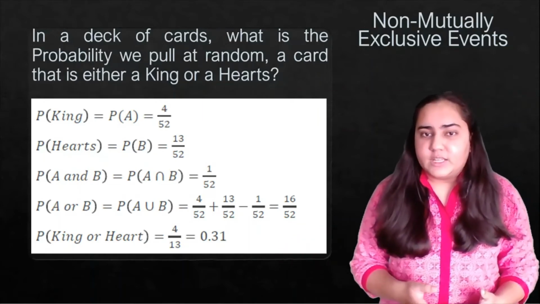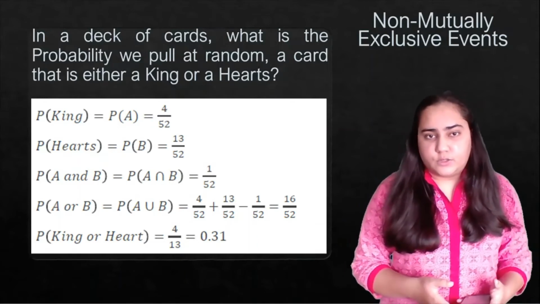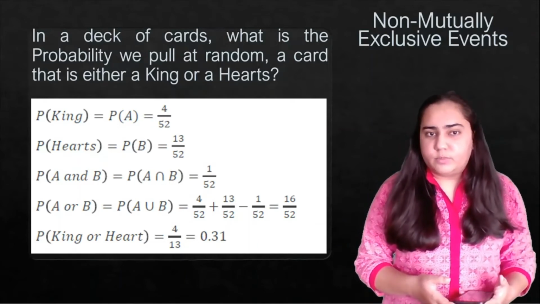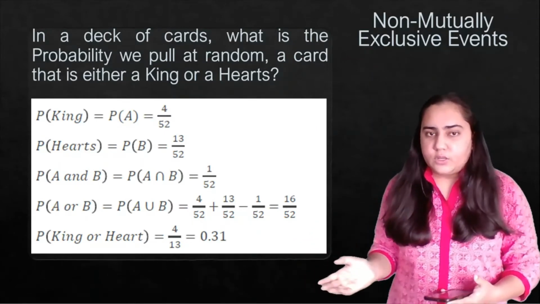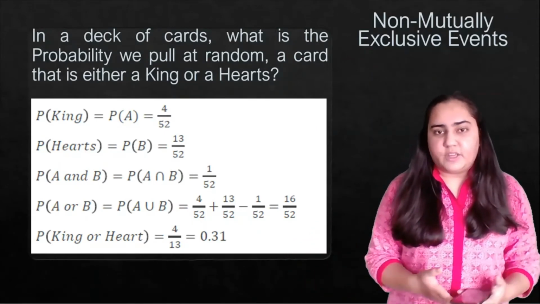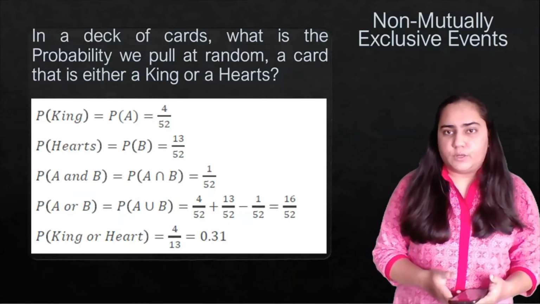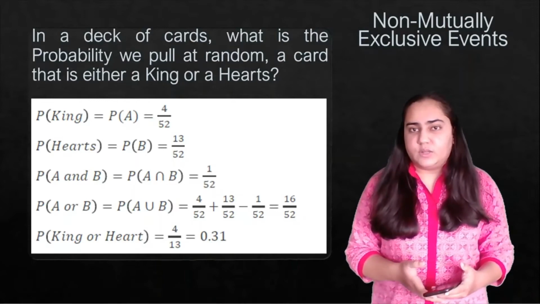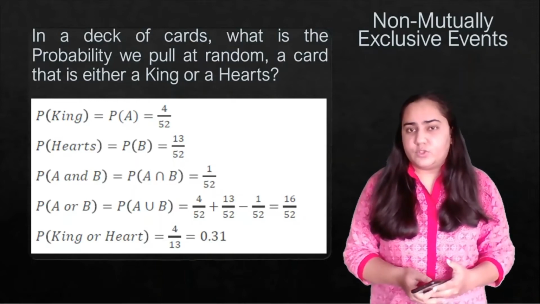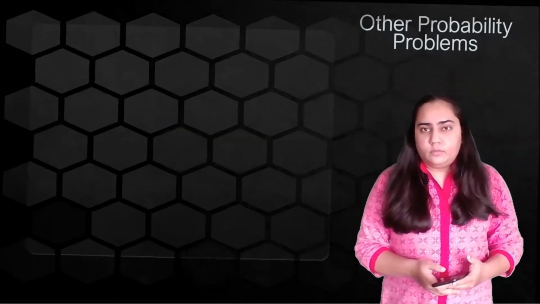And so what we get is 16 by 52. So the probability of the card being either a king or a heart is 4 by 13, simplified, and that gives us 0.31. So this is how you can calculate when you're working with non-mutually exclusive events.